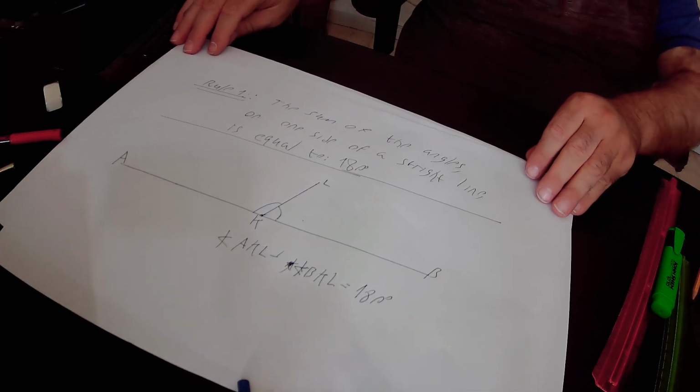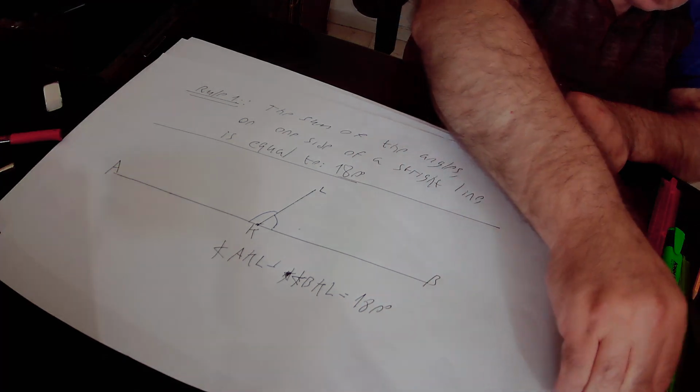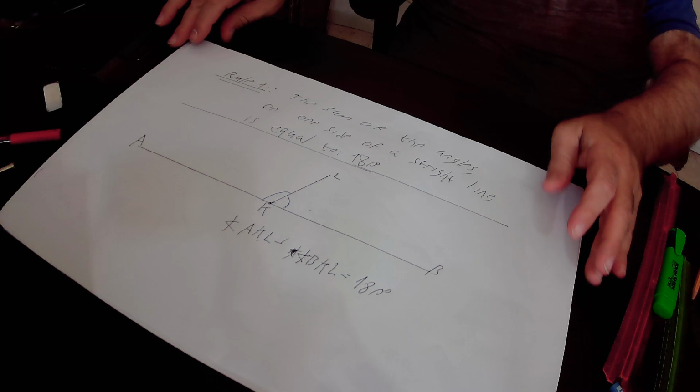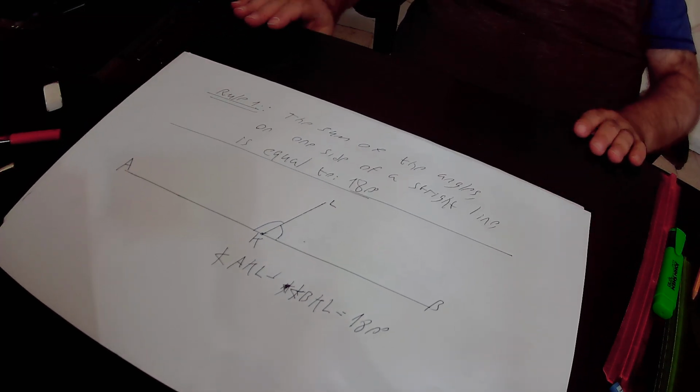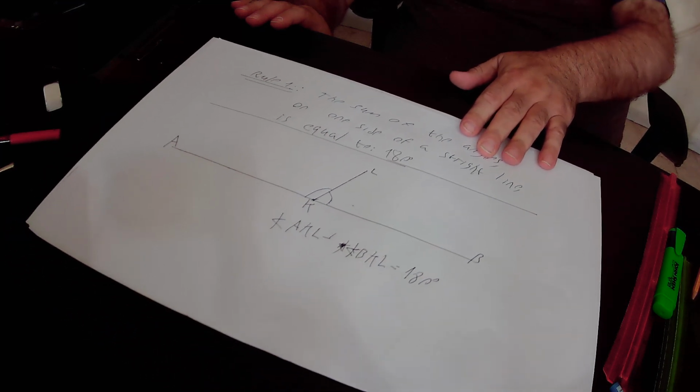According to rule number 1, the sum of the angles on one side of a straight line is equal to 180 degrees. So what is the meaning of this rule?